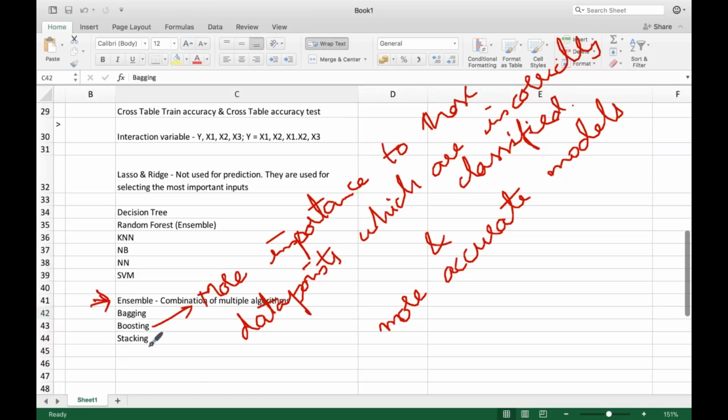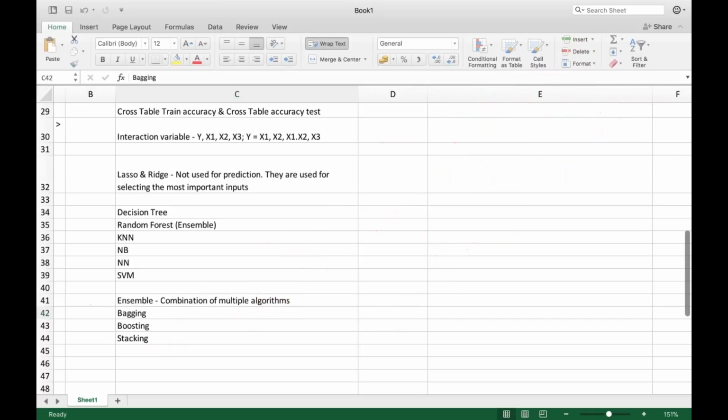You'll understand. The third thing is stacking. In bagging and boosting, you can use just one algorithm, say you're using decision tree. The only thing is you'll build multiple decision trees by taking multiple samples out.